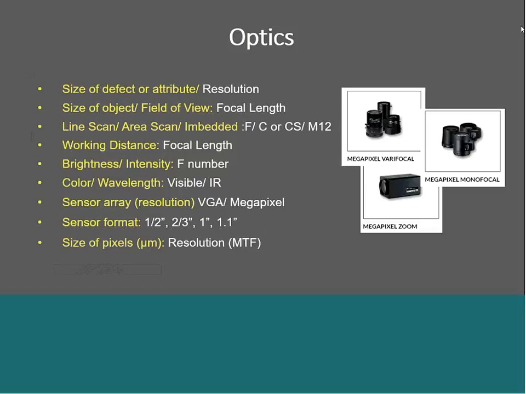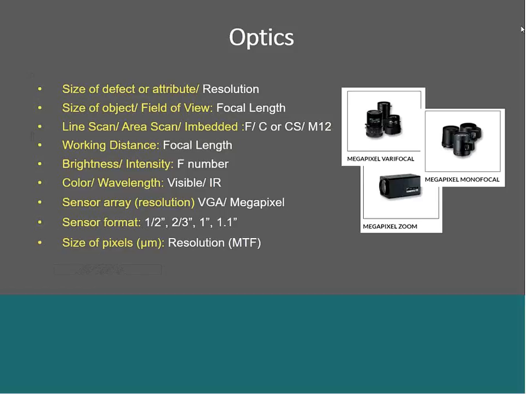So, optics, these are the factors now. Remember, we looked at the scene, we looked at the lighting, we looked at the camera, now we're at the lens. The defect or the attribute, the size of the pixels, and the sensor array, those are all going to be in our resolution factor.